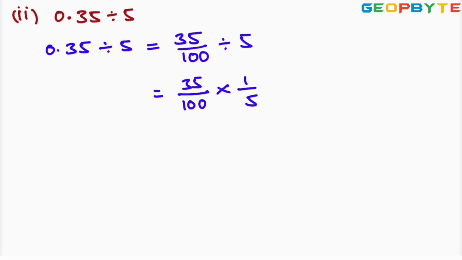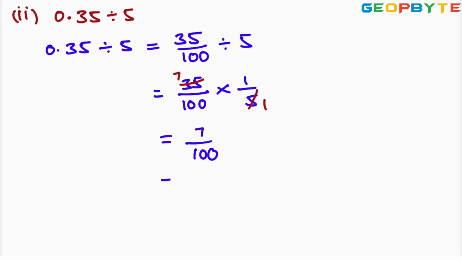Here 5 ones are 5, 5 sevens are 35. Then we get 7 by 100. On dividing a decimal by 100, the decimal point is shifted to the left by 2 places.